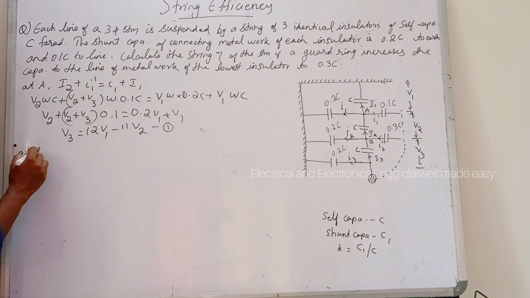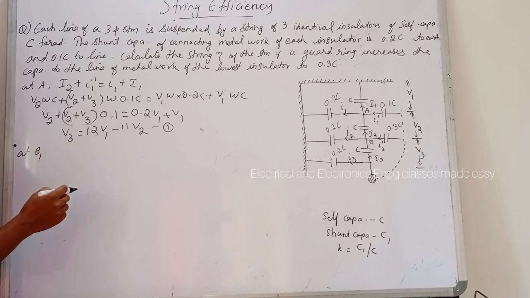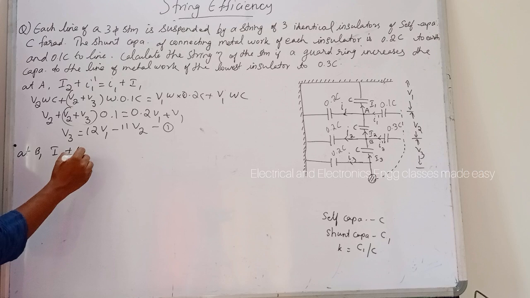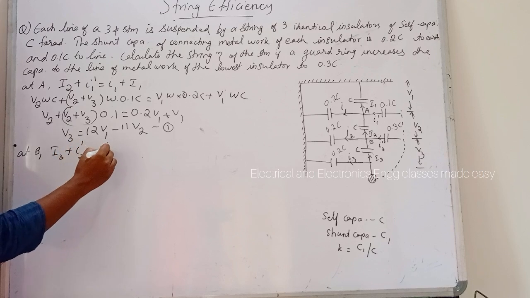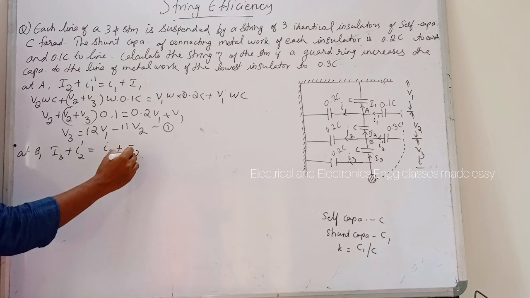Similarly at node B, applying KCL, we will get I3 plus I2 dash equal to I2 plus capital I2.